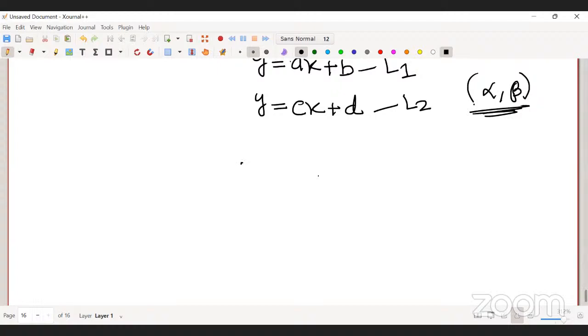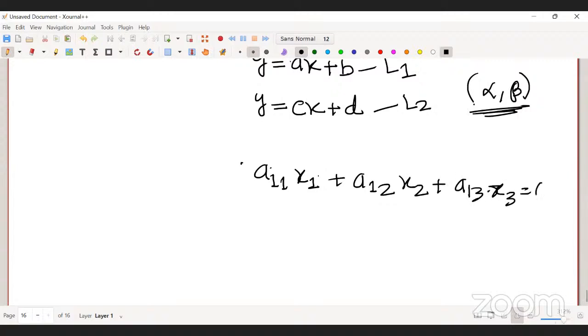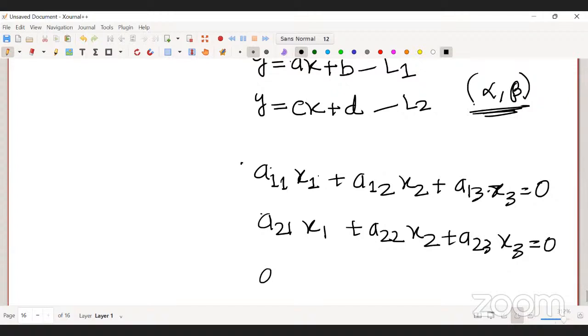Suppose this is your system: a11 x1 plus a12 x2 plus a13 x3 equal to 0, then similarly a21 x1 plus a22 x2 plus a23 x3, and a31 x1 plus a32 x2 plus a33 x3.